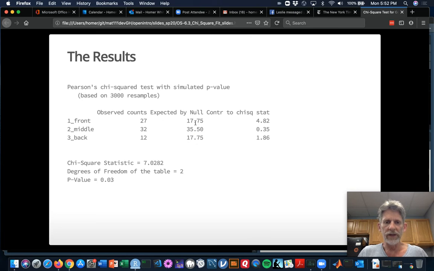And based on that difference between the table that you see versus the table that the null expects, you can compute contributions to the chi-square statistic and add them up, and they turn into that 7.0282.